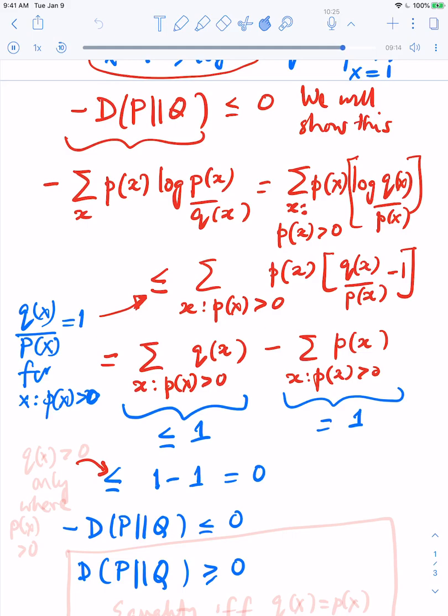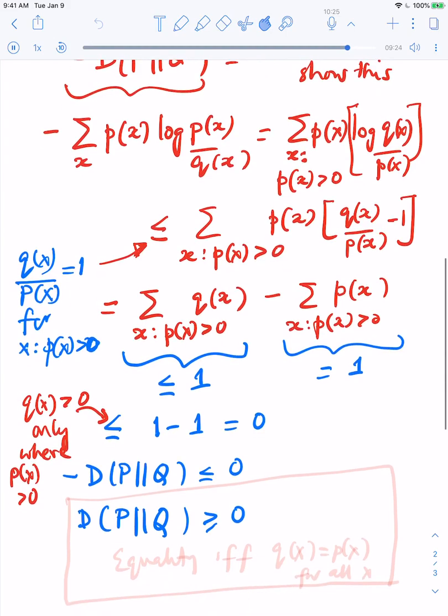So q of x is bigger than 0 only where p of x is bigger than 0. And these two together, if you think about it a little bit, you can see that the equality will happen if and only if q of x is equal to p of x for all x.